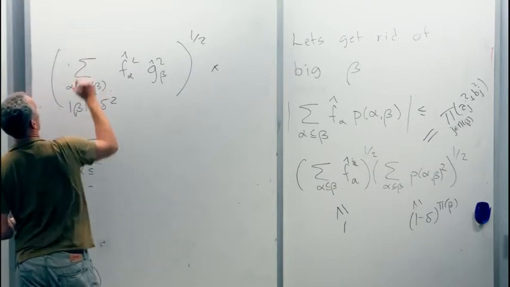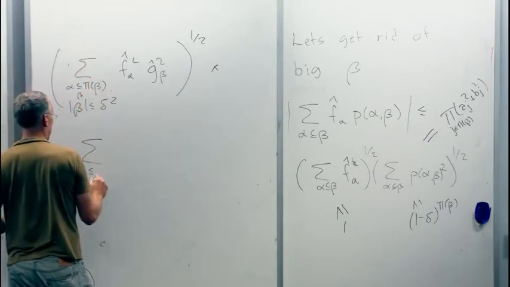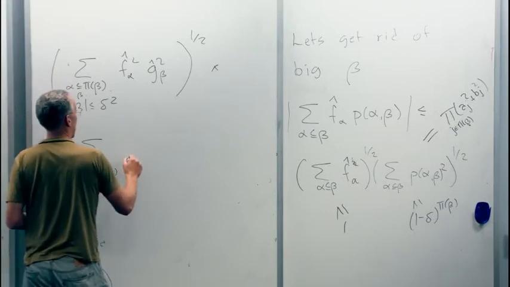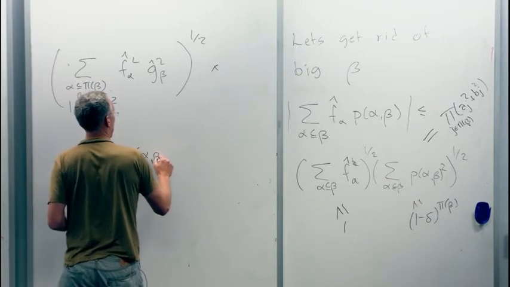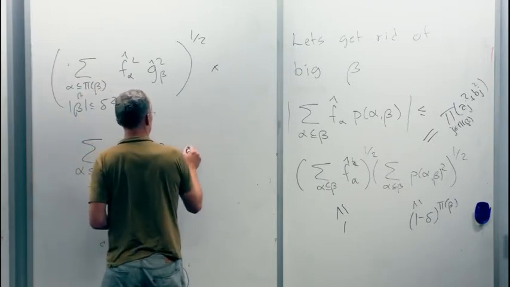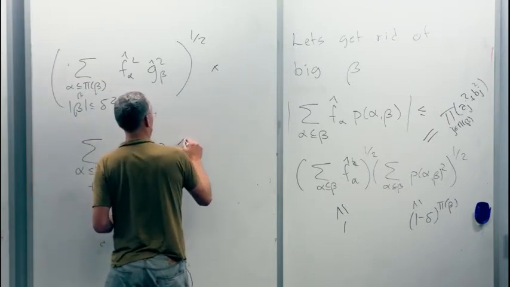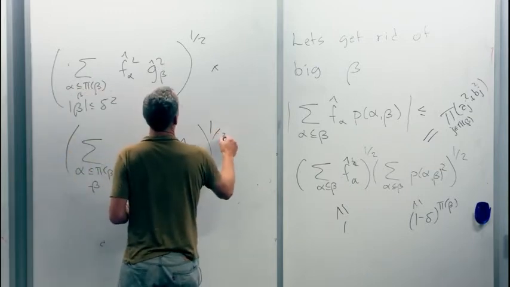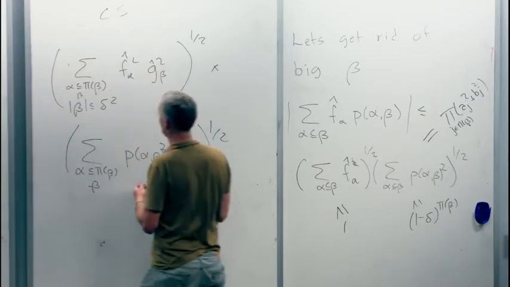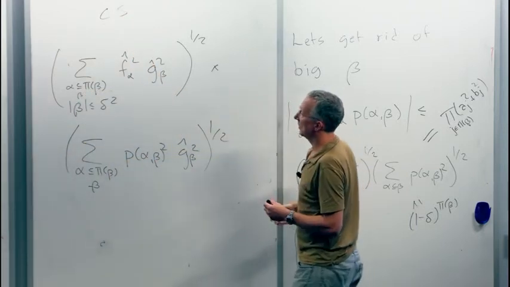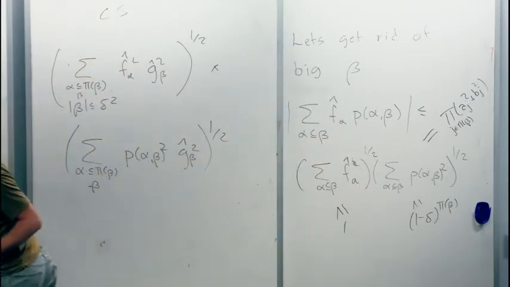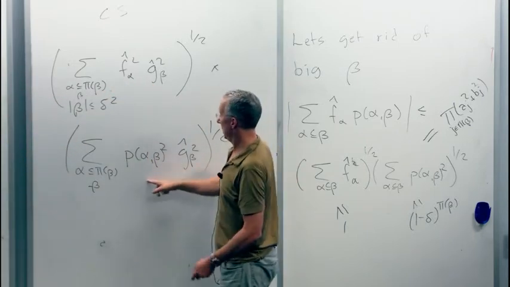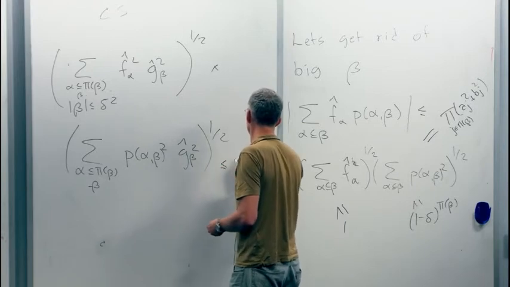And I'm also summing over beta, of course. So now using Cauchy-Schwarz, we're taking one f and one g to one side, and then taking the other g and the p to the other side, but this sum is again small.